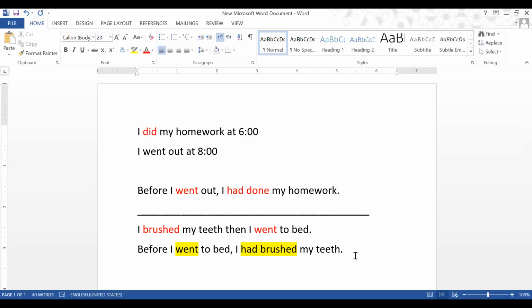So you brushed your teeth and then you went to bed. So brushing your teeth is older than going to bed. Since it's older, it must be had plus past participle. So we said, I had brushed my teeth. Understood? Always, the older one, the earlier one takes had plus past participle.